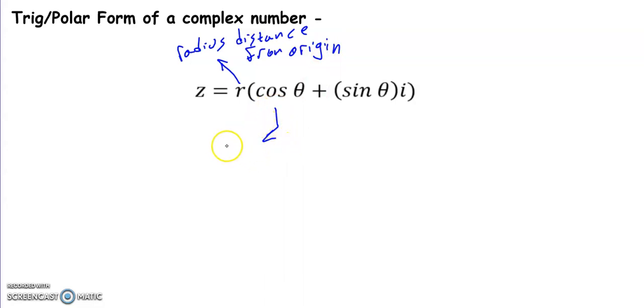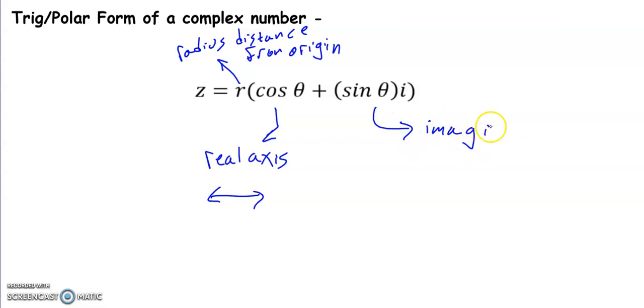Cosine theta will tell you how far on the real axis to move. And remember, my real axis is my horizontal axis. And then sine theta, see the i? The sine theta is my imaginary axis, and my imaginary axis runs vertically, because remember, cosine is an x movement and sine is a y movement.